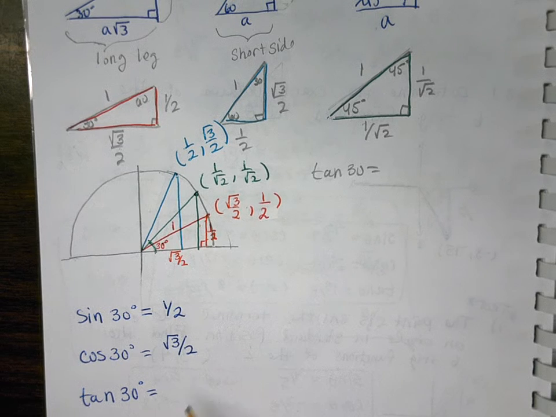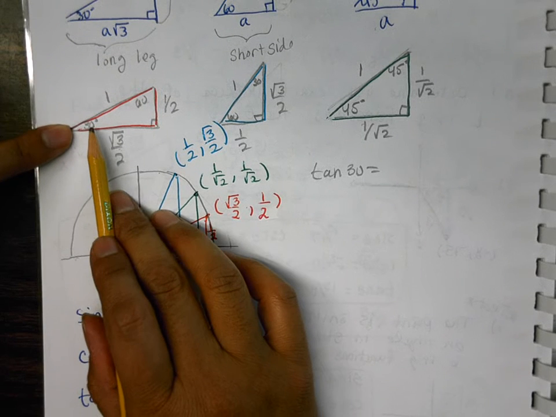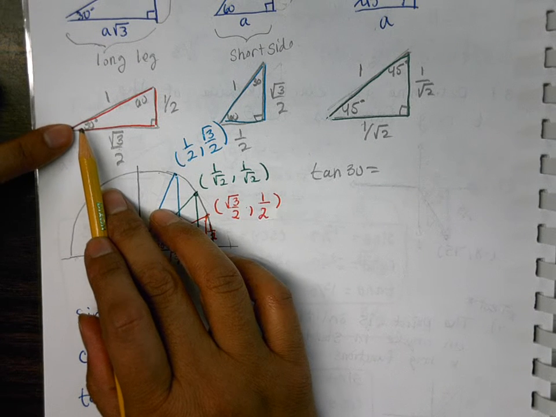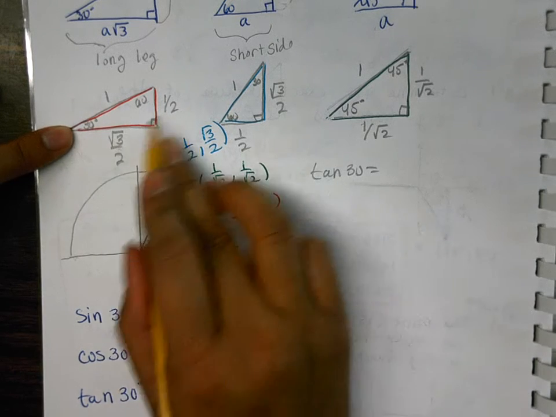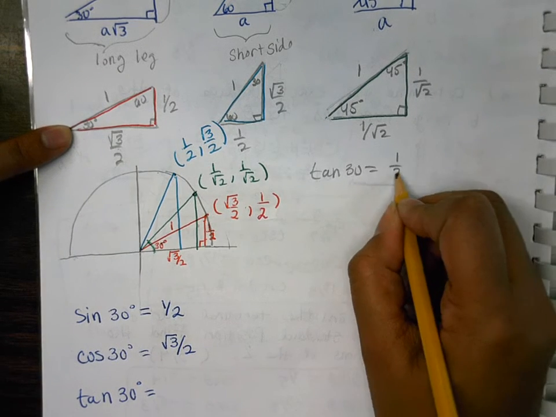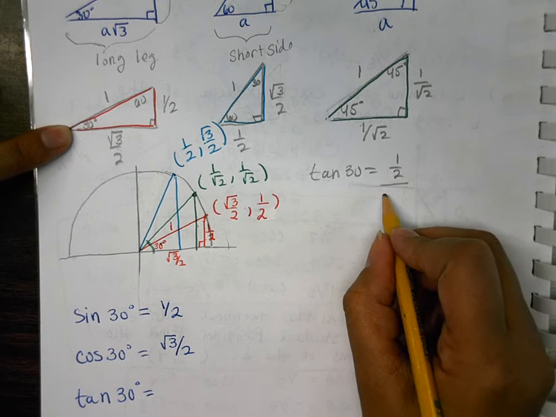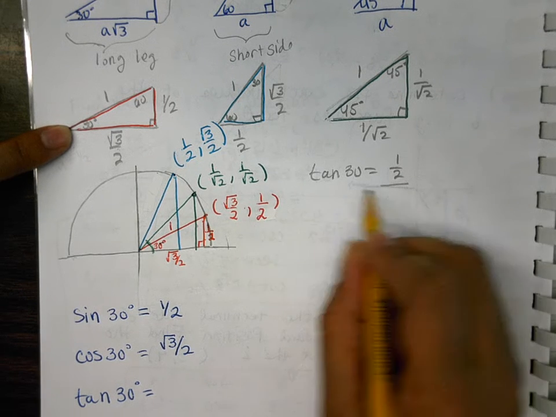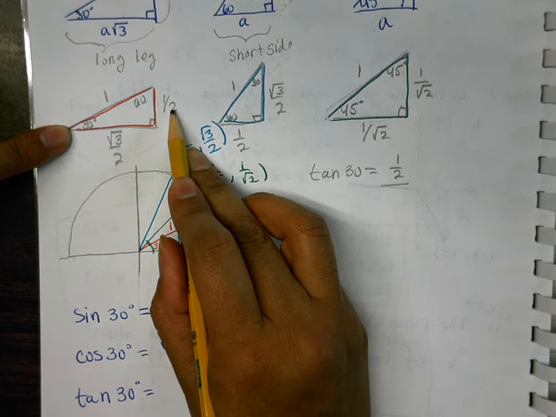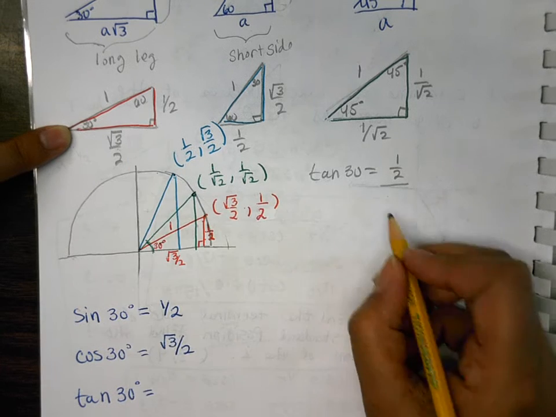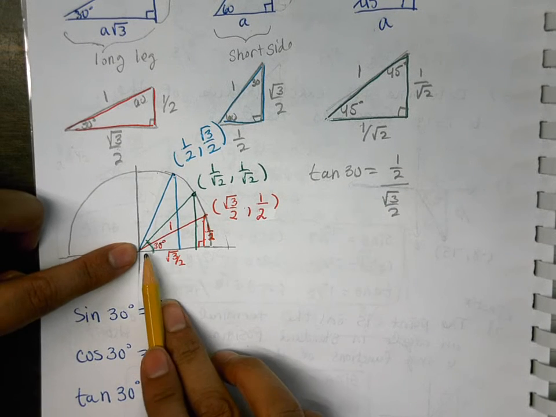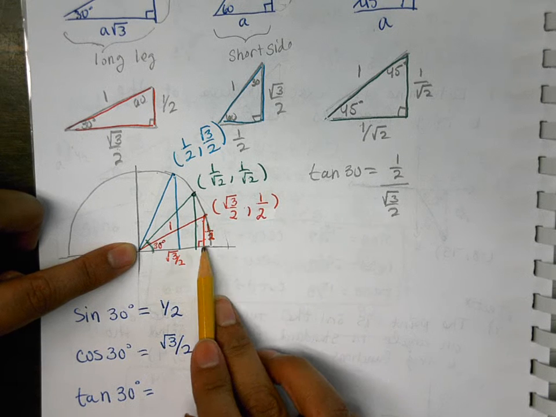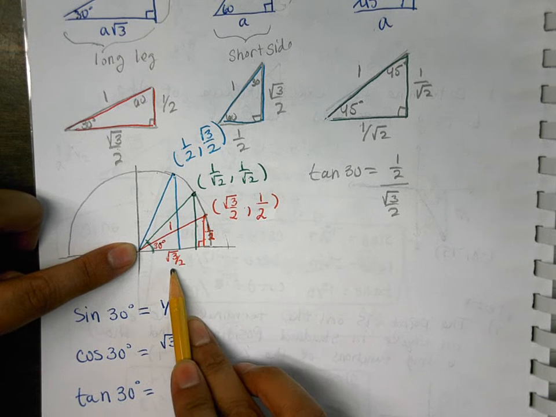Tangent of 30, what is tangent? Opposite over adjacent or adjacent over opposite? So that gives me what over what? 1/2 over, opposite over adjacent would be 1/2 over what? Root 3 over 2. All right, so that's the same thing as using this red circle here. You can, or red triangle. 1/2 over root 3 over 2.